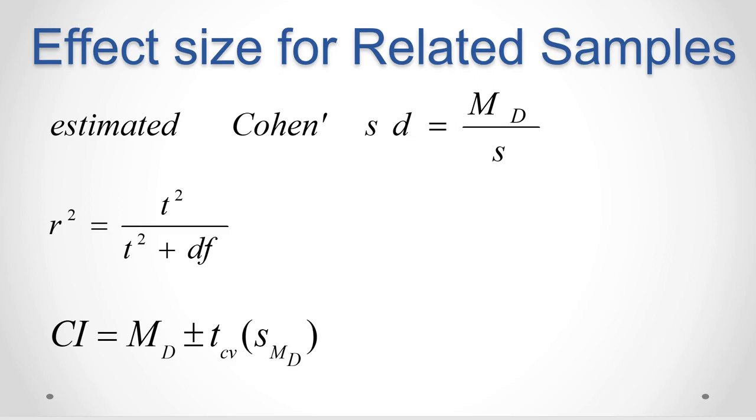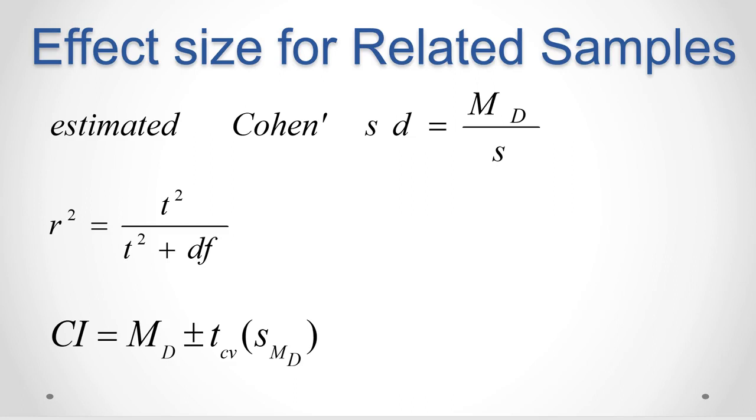If we reject the null hypothesis, we must provide a measure of effect size. Effect size for related samples t is measured in the same way that we measured effect size for one sample t in Chapter 9.